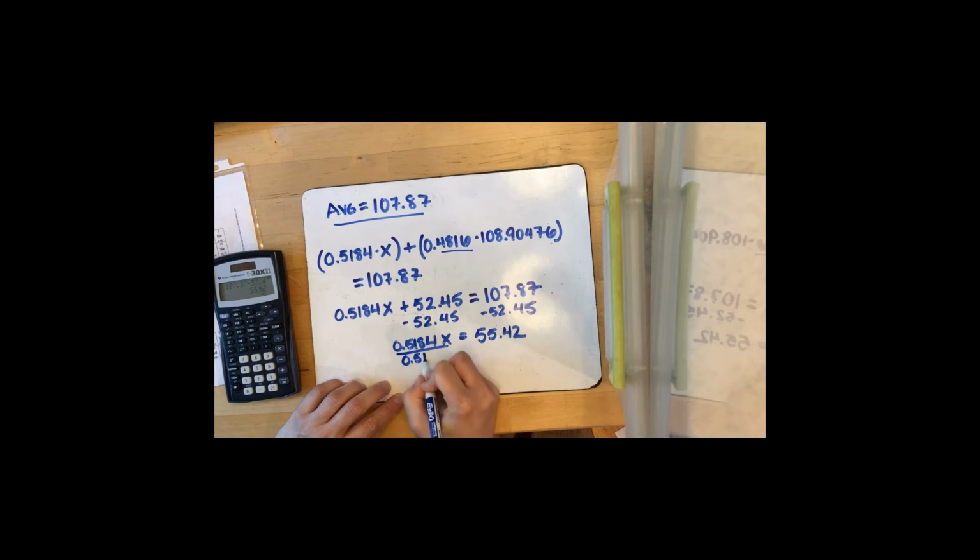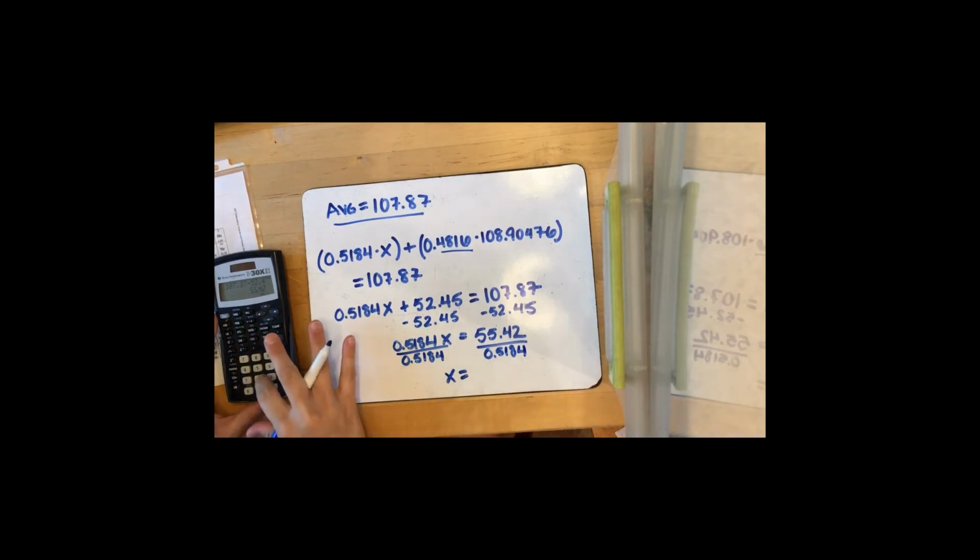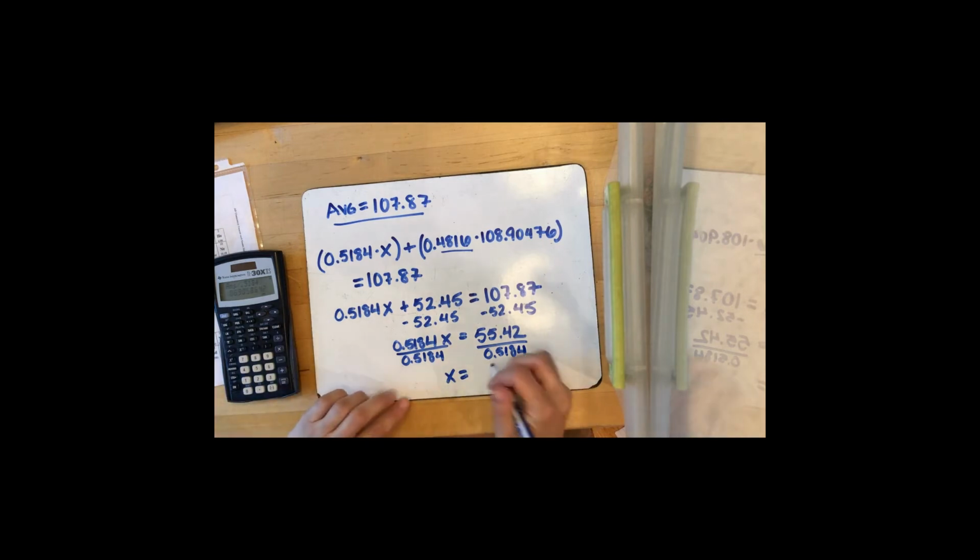Then we divide this by both sides to get X, which should be the molar mass of silver 107. And it should have 4 sig figs. So we get 106.9 atomic mass units.